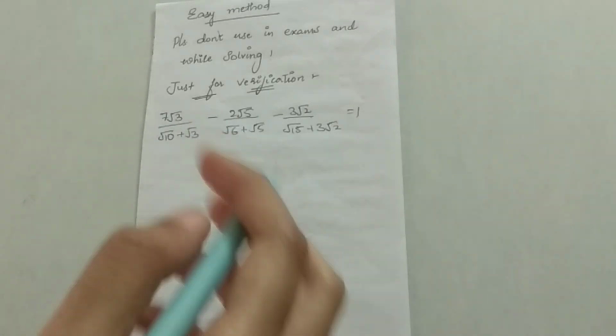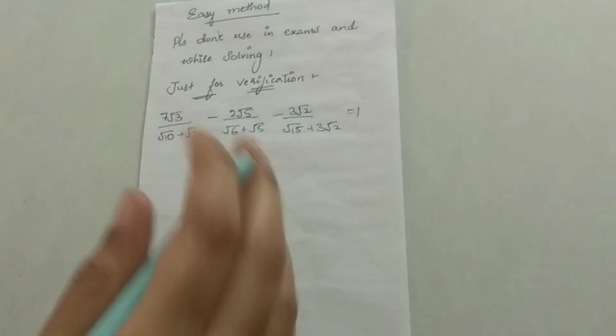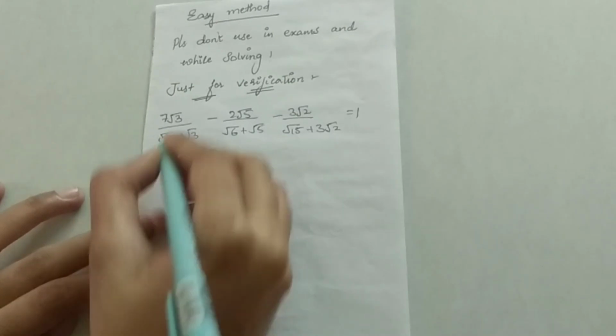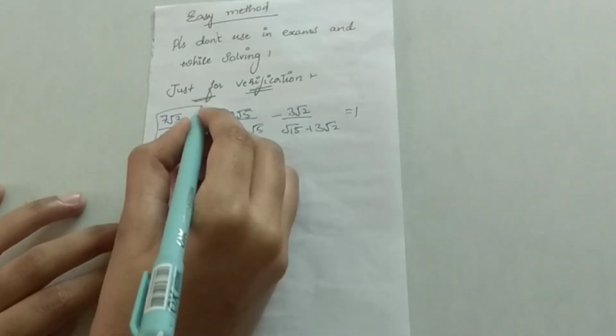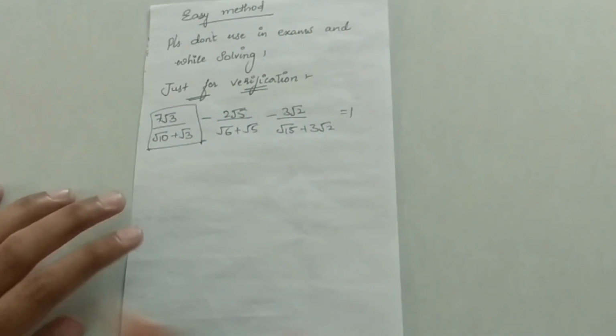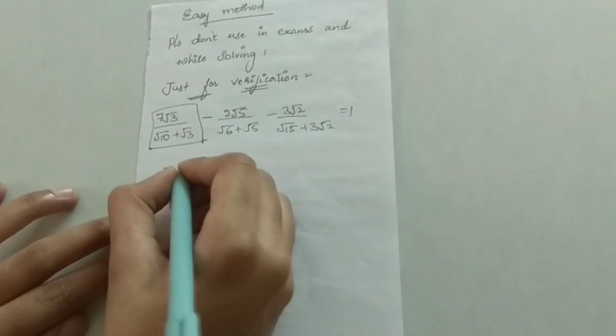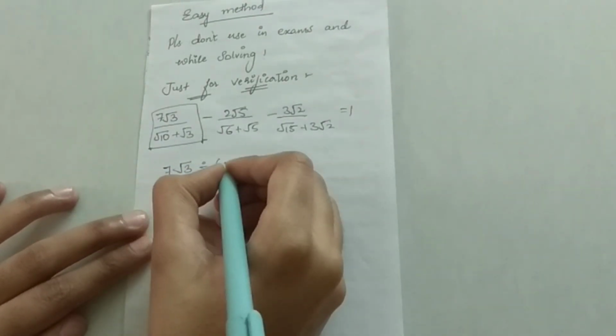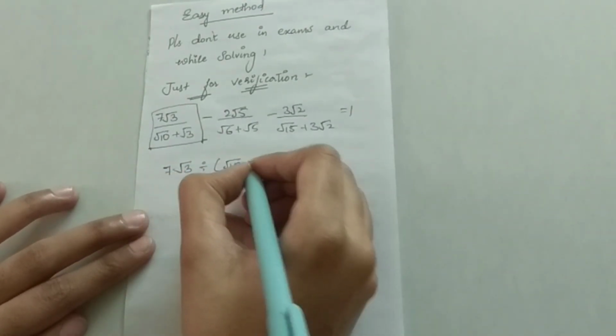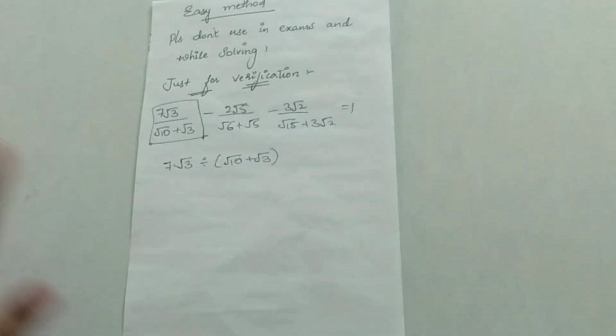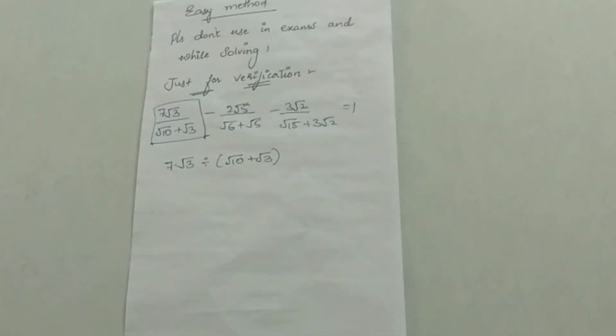In that case, just go to the calculator and type the first term in this way, in brackets root 10 plus root 3, like this. You will put everything in the calculator.